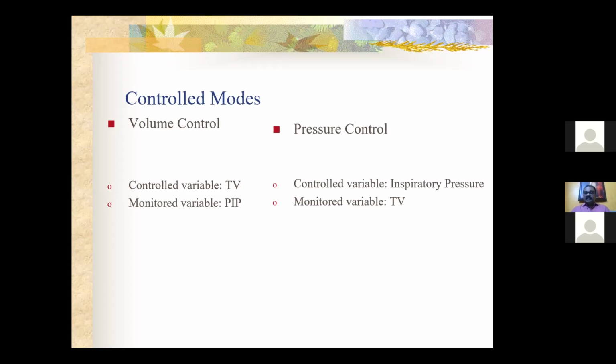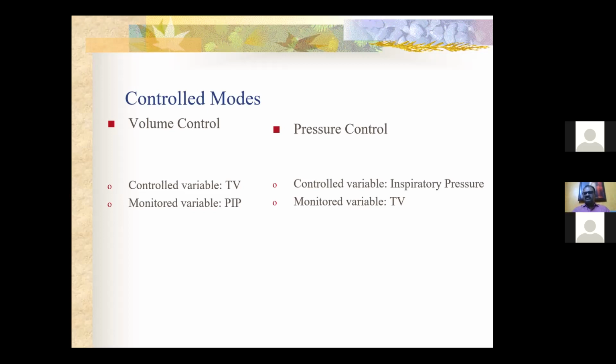Because you are setting the tidal volume, depending on the compliance of the lung and the change in compliance, bronchospasm developing, or secretions or obstruction in the airways, all those changes that happen in the lung can induce a change in pressure. So when you are setting a volume control mode and a tidal volume, what you have to monitor is the peak inspiratory pressure.